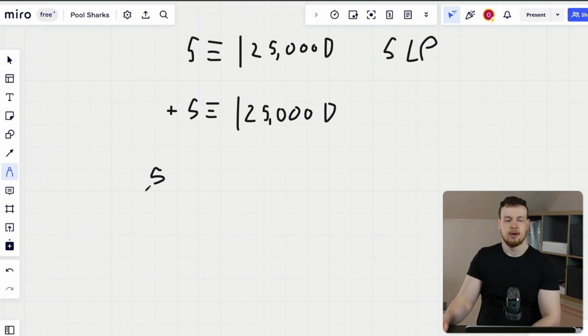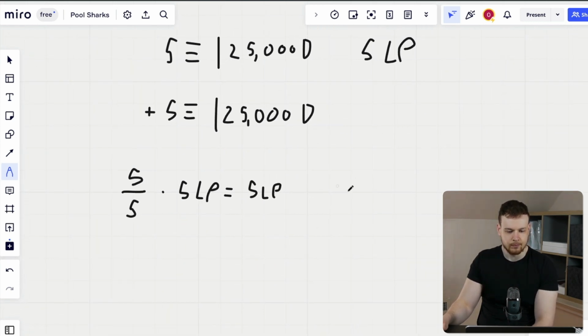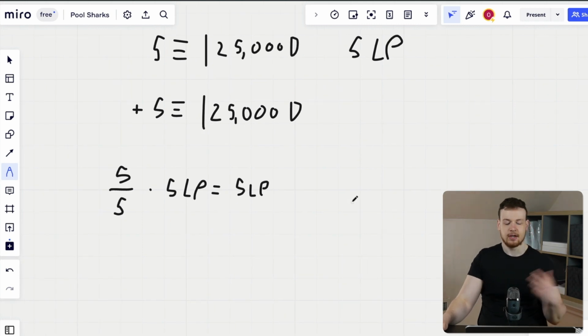So there was 5 Ether that I'm depositing into the pool, and there was 5 Ether already in the pool, and then there are 5 LP tokens. So we have 5 LP tokens, and this is going to equal, of course, 5 LP tokens that get minted to me. And we can do the same exact calculation with DAI.